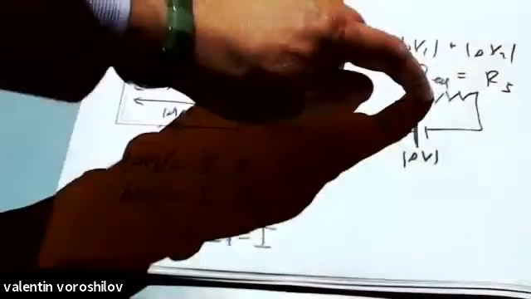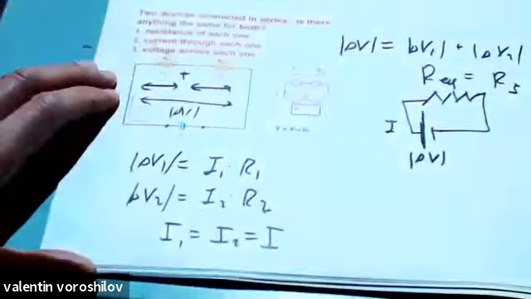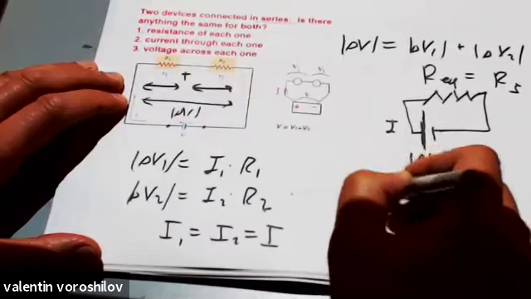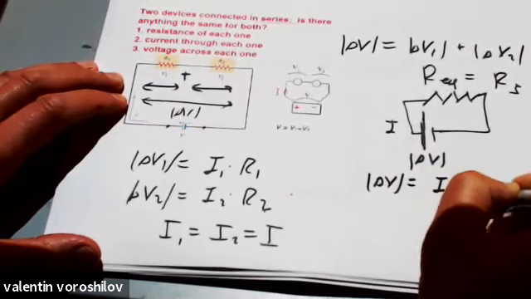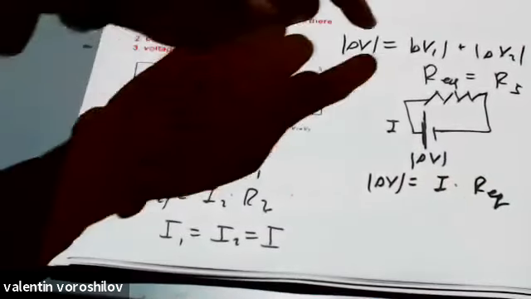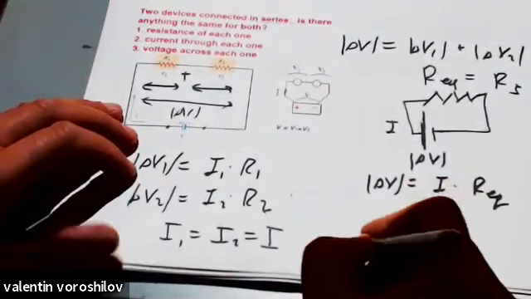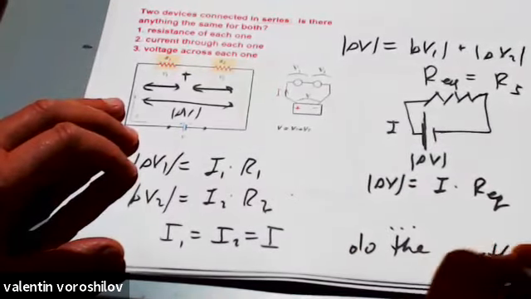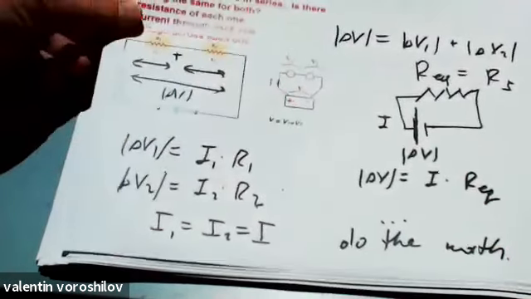That's why we call it equivalent. But now for this circuit, we could write the same law, delta V should be equal to this current times equivalent resistance. And I'm going to do the math. It's very simple. We've done it before for capacitors, exactly the same mathematics.